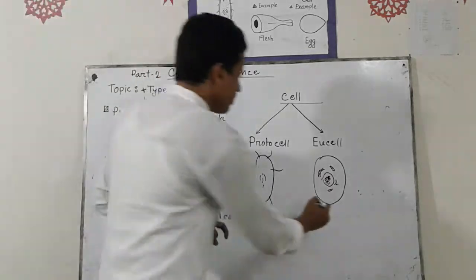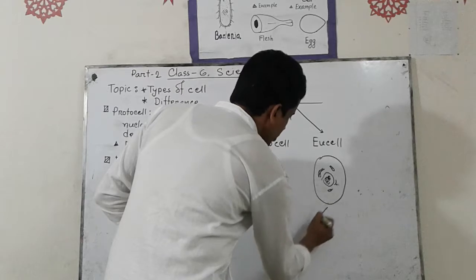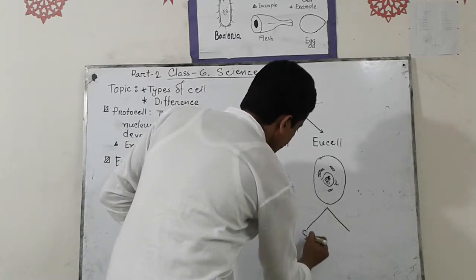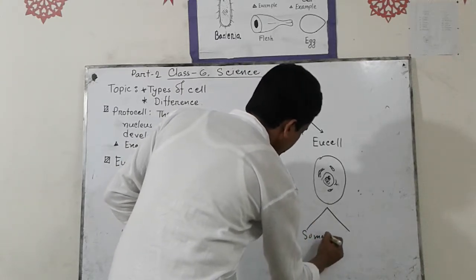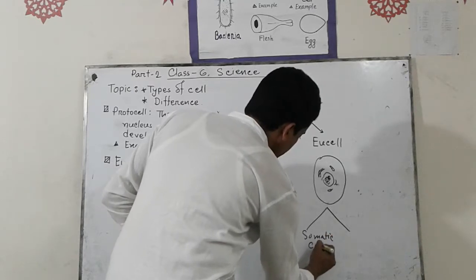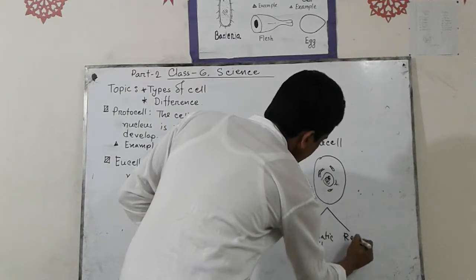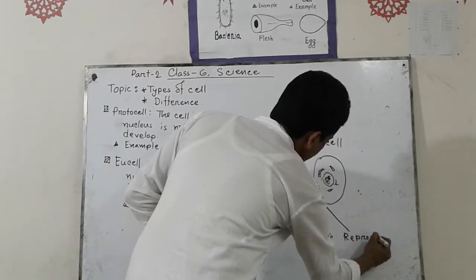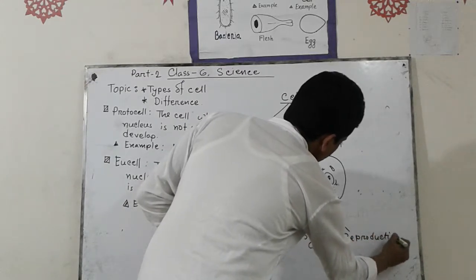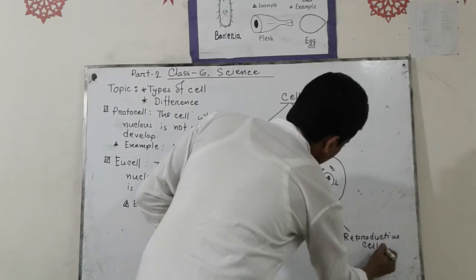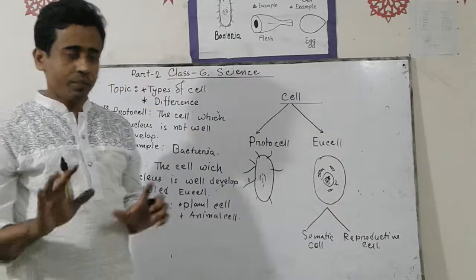Again, depending on their function, eucell is again of two types: somatic cell and reproductive cell. Somatic cell and reproductive cell.